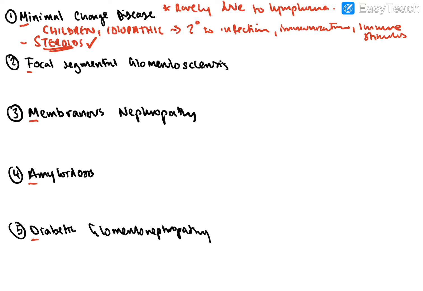So what are the features? In this video series, you will see the letters LM, IF, and EM. LM is light microscopy, IF is immunofluorescence, and EM is electron microscopy.